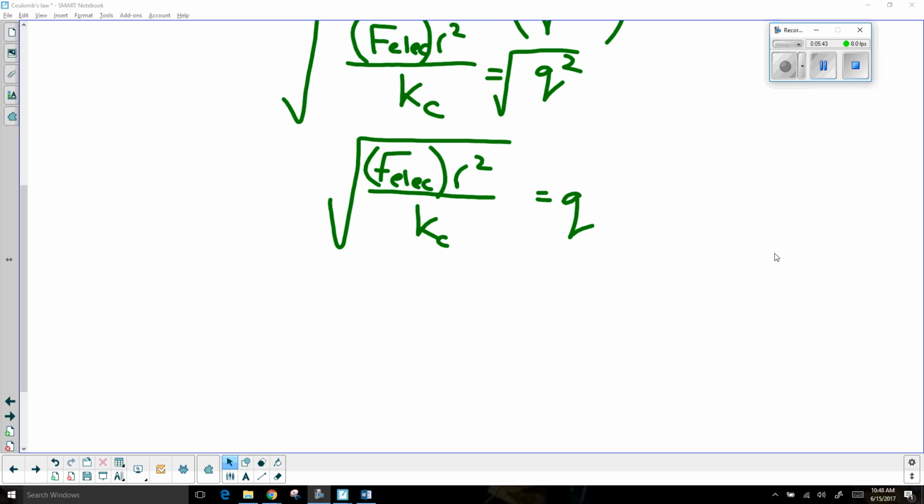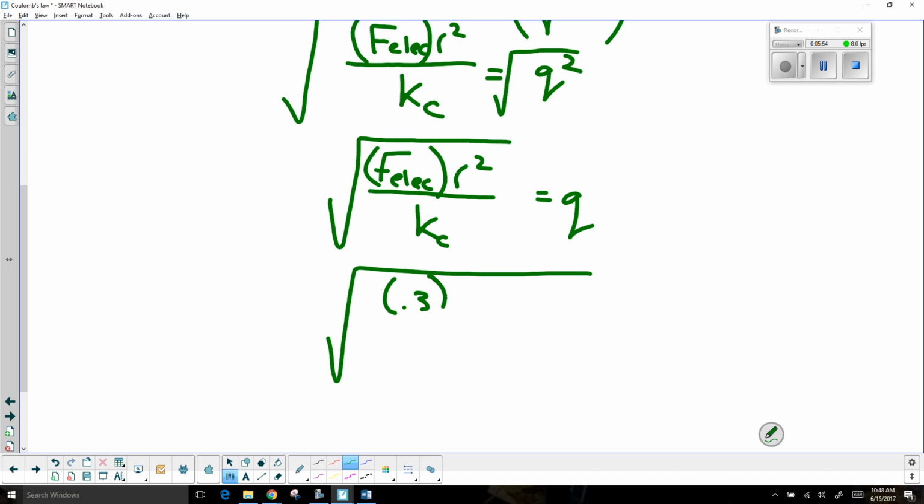All right, we're going to plug in the values of my electric force, which is the 0.3. Now the radius is in centimeters, so it must be, as always, changed to meters. So 0.75 squared, dividing the centimeters by 100.